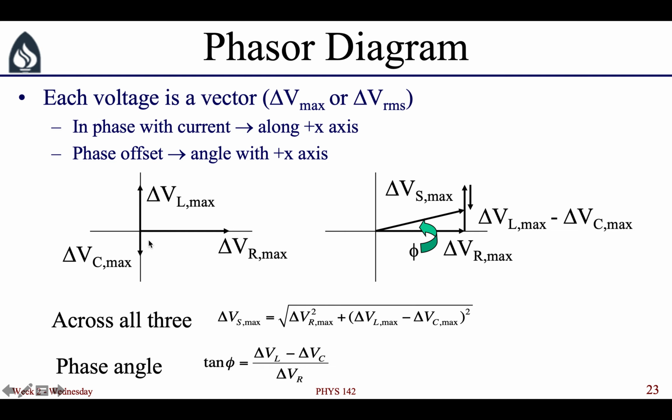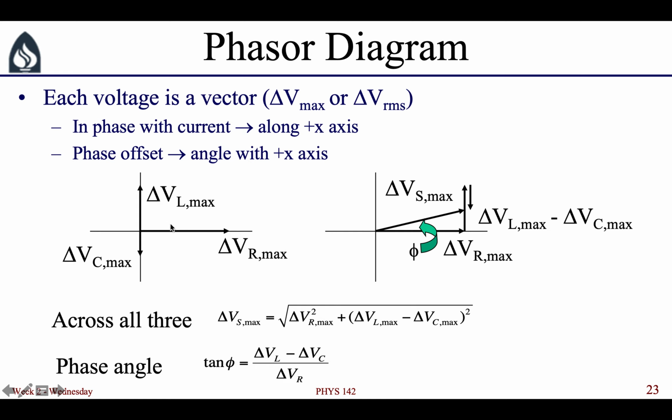So since the voltage across the capacitor lags the voltage across the resistor, the voltage across the capacitor is drawn at negative 90 degrees from the voltage across the resistor. So it's written in the minus y direction.